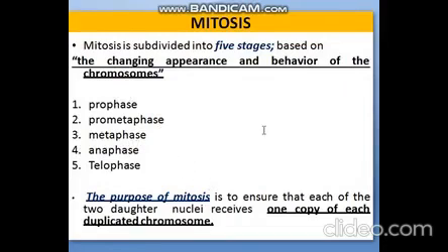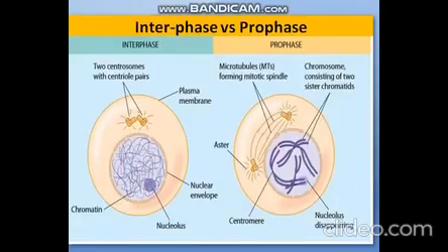And the purpose of mitosis, as all of you know, is that the two daughter nuclei must receive one copy of the duplicated chromosomes, right? This is the main objective of mitosis, that the daughter cells must have an equal number of chromosomes. So, interphase versus prophase.